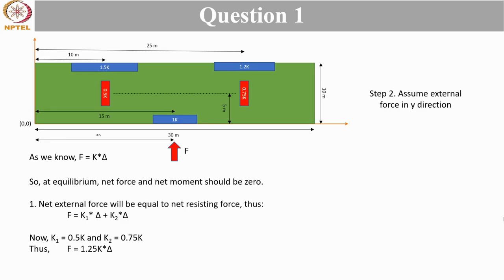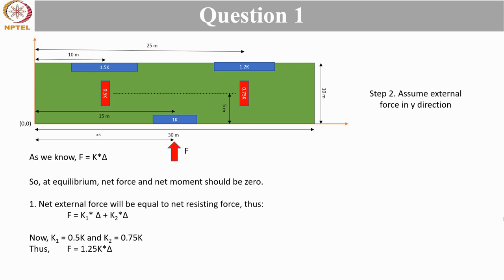Now, for center of stiffness calculation, let's assume that the external force is acting in the y direction first. We know the columns which are parallel to the force will only resist, and the columns which are out of plane or perpendicular to the force will not show any resistance.